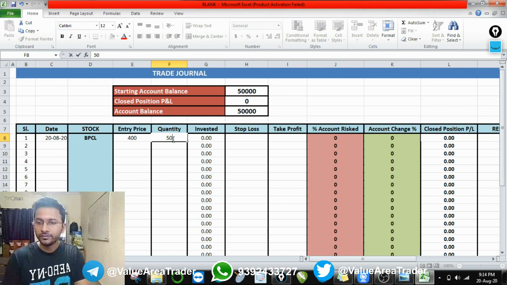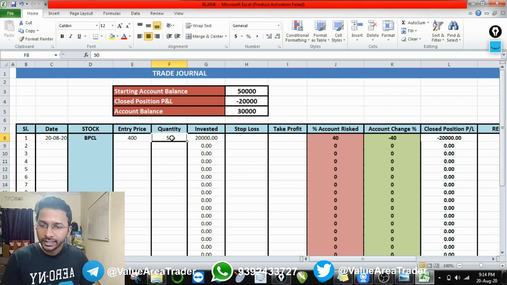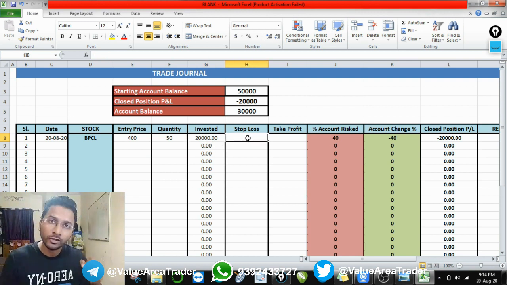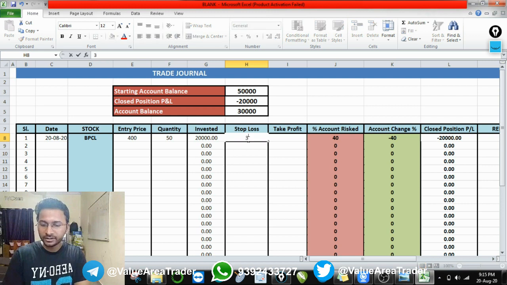When you put that, the invested amount automatically comes here, 20,000. Now you have to mention the stop loss that you have put on the chart. Your entry price was 400. Let's say you put a 2% stop loss, so 392 will be the stop loss.